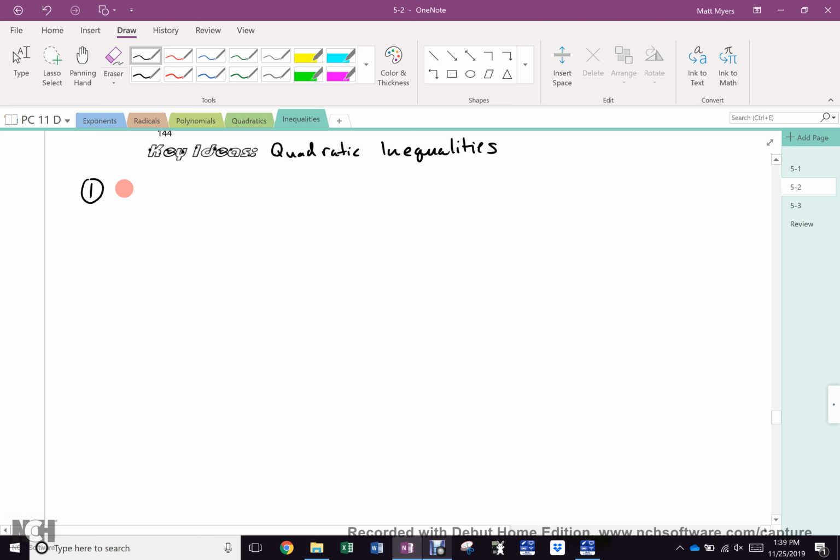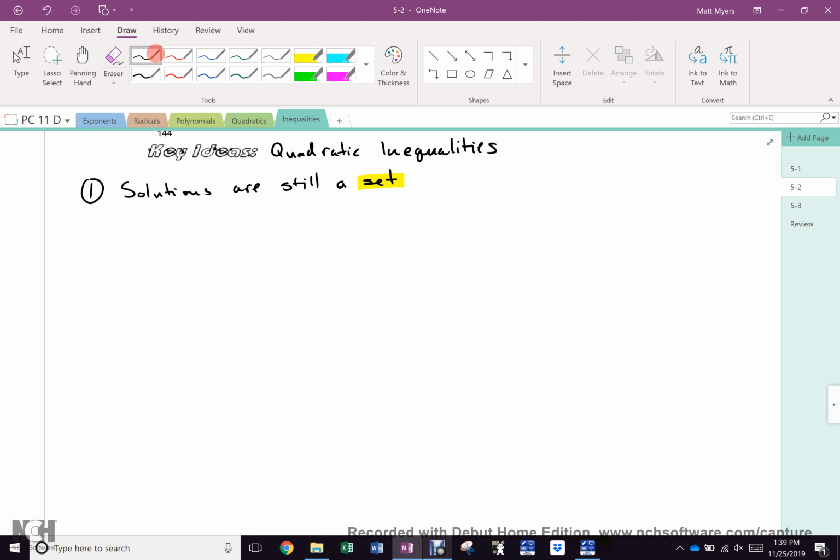The solutions are still a set. It's not just x equals 7. It's a set of numbers.